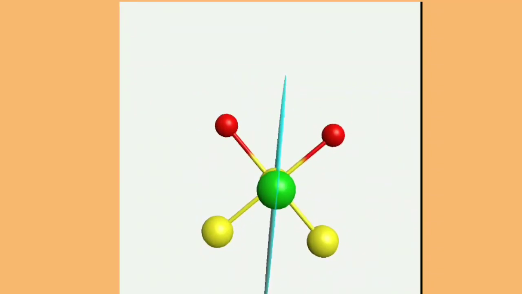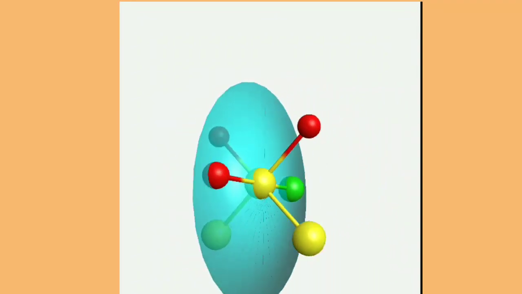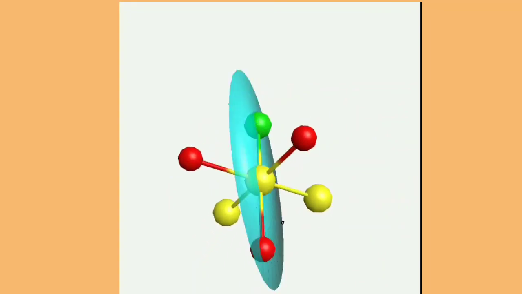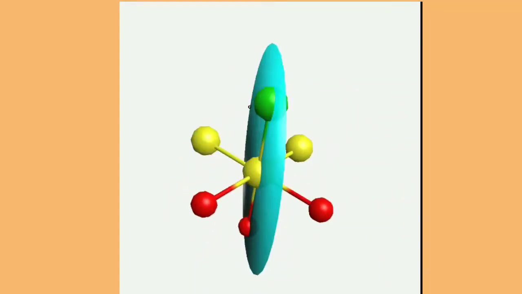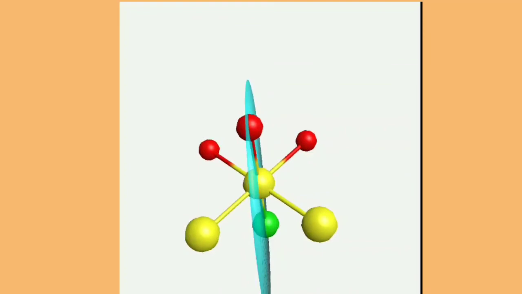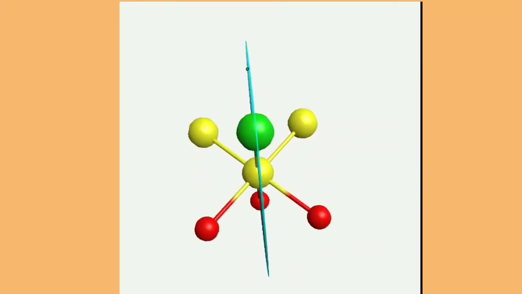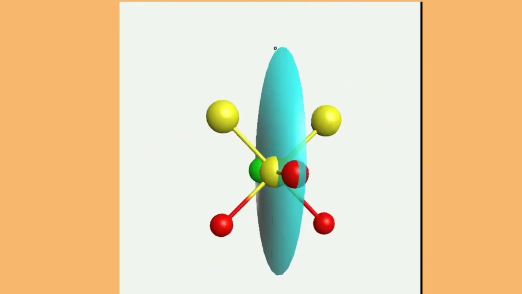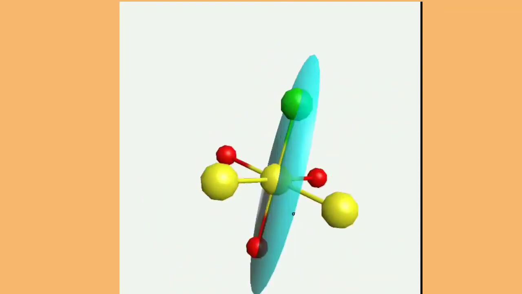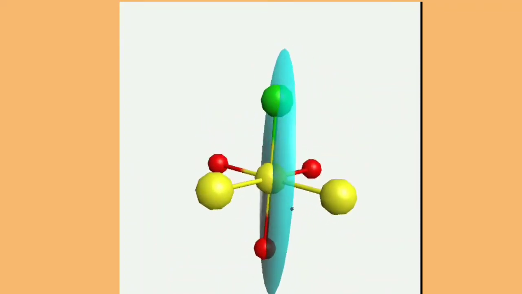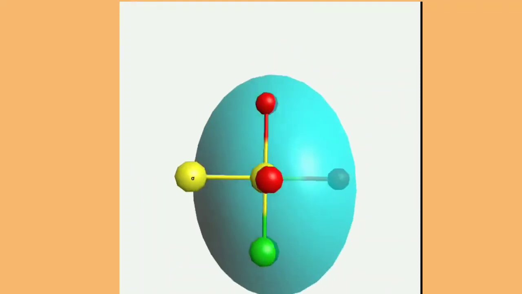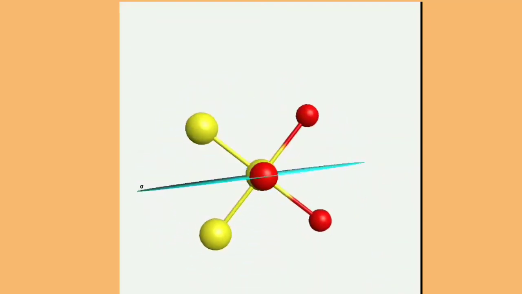So this is another symmetry plane. It is bisecting the molecule into two equal halves, and both halves are mirror image of each other. So this way we can construct and we can visualize plane of symmetry in little asymmetric molecule, and we can check whether it will be optical active or optical inactive.